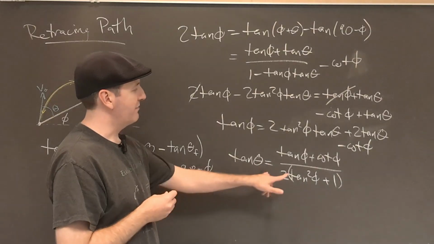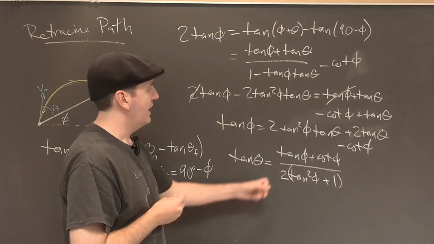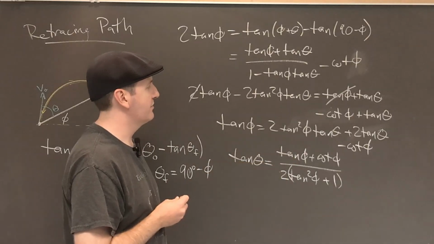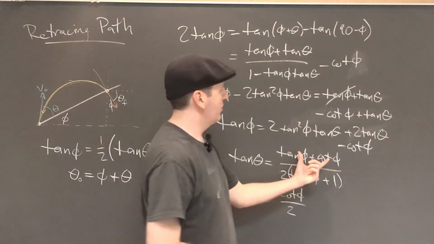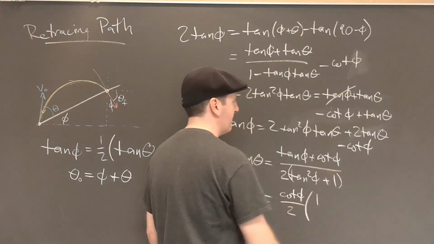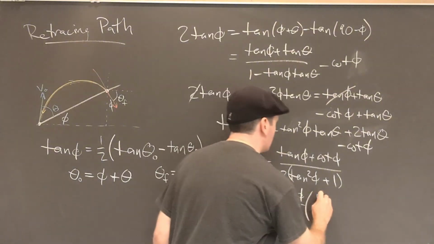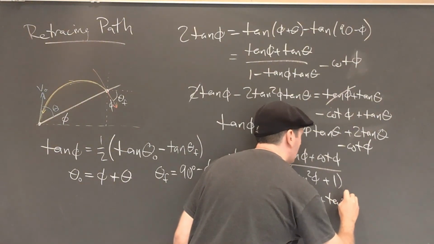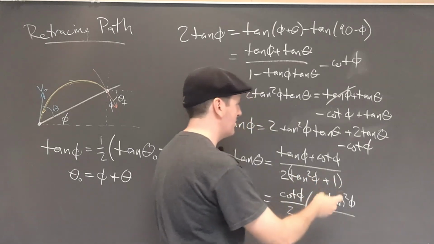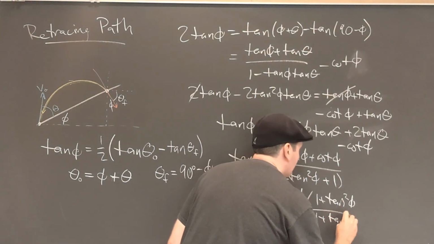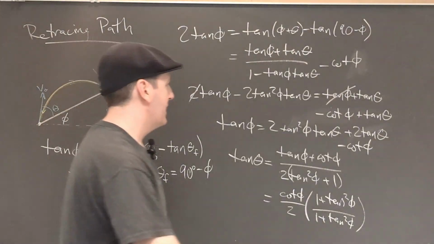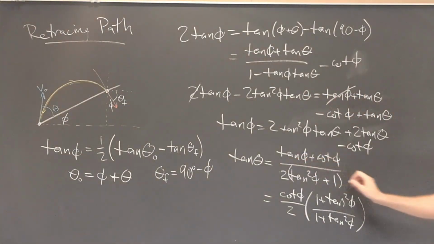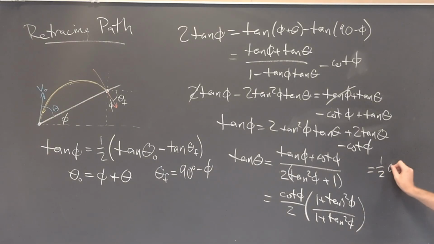Okay, now at this point, after we've factored out that 2, let's go ahead and factor a cotangent out of the numerator. And what we'll be left with is a 1 from this term and then a tangent squared from this term. But of course, that's the same as the denominator. So our final result is that this tangent of theta is actually just half of cotangent phi.